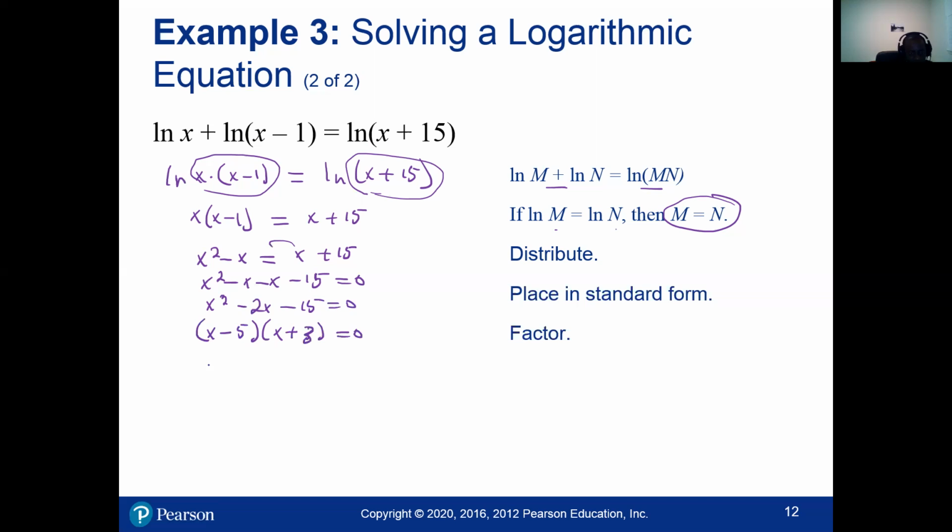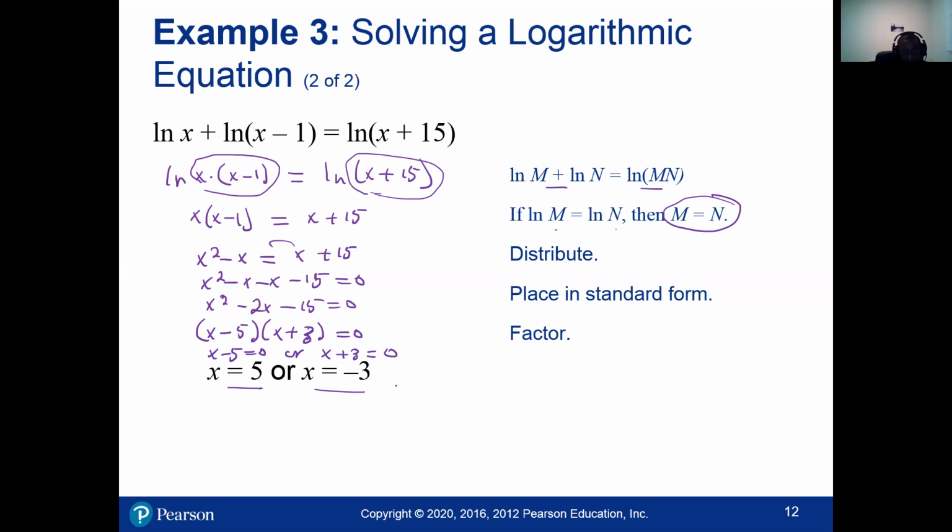All right, so you set each of them to 0. So you have x minus 5 equal to 0, or x plus 3 is equal to 0. It's giving me x is equal to 5 and x is equal to negative 3.